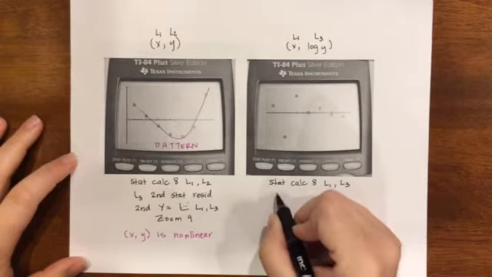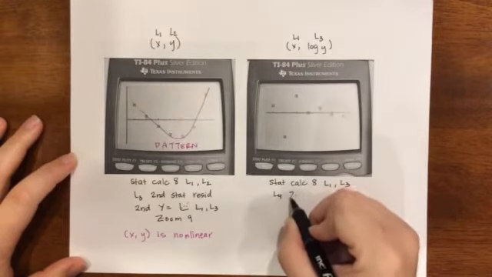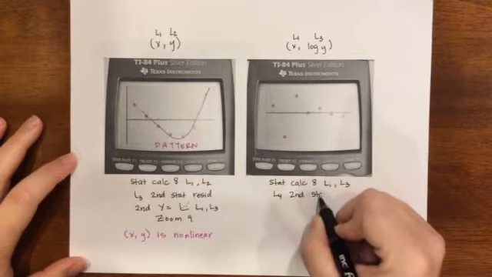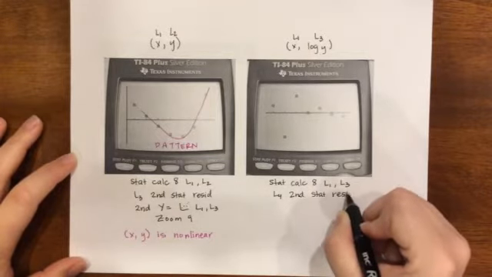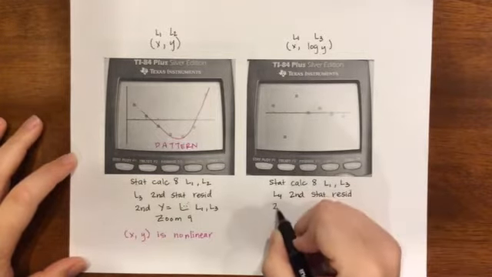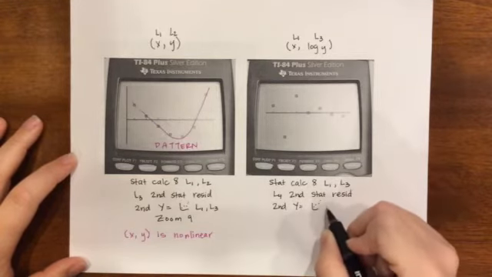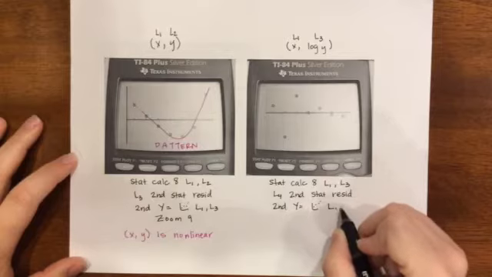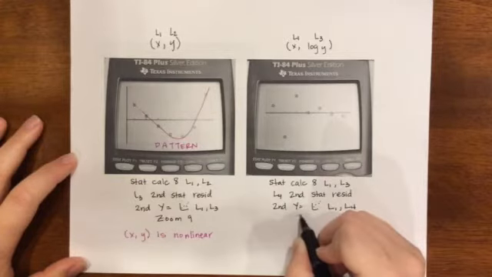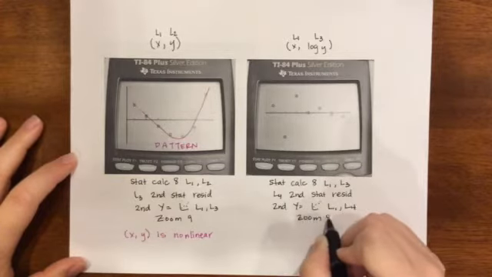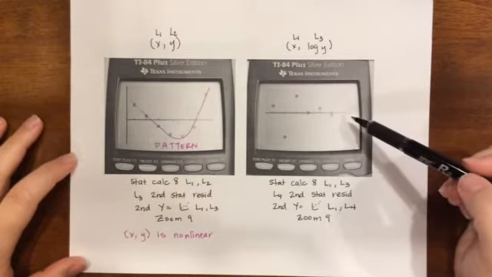And then I did in list 4, second, stat, residual. And I turned on my scatter plot, second, y equals, chose the scatter plot. This time I'm going to do it for list 1 and list 4, and zoom 9. And when I did that, I got this picture.